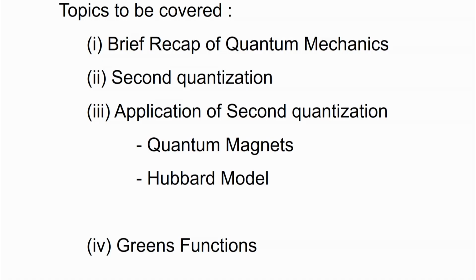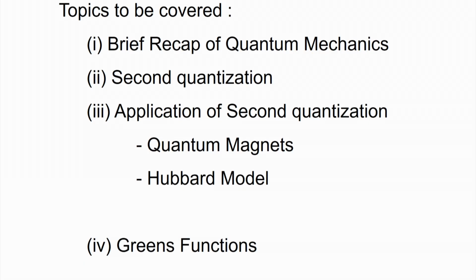So, before we start talking about the details of the course, let us talk about the topics that would be covered in the next few weeks that we will be doing the course together. We will start with a brief recap of quantum mechanics, and this is essential because we have to introduce concepts such as Hilbert spaces, single particle Hilbert space, and the many particle Hilbert space and so on.